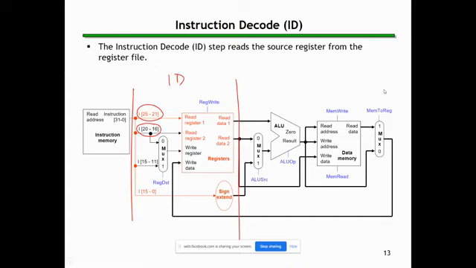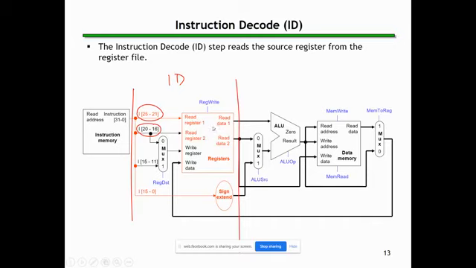Now ID, instruction decode. The instruction decode step reads the source register from the register file. From the register file, the source registers are read normally. So this is ID, and these reads are normally performed in this step.